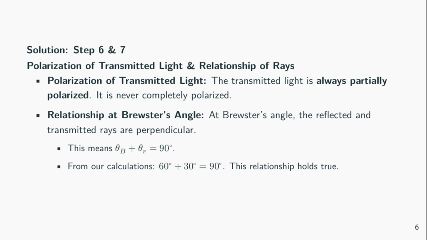The angle of incidence and thus reflection is approximately 60 degrees and the angle of refraction is 30 degrees. If we add the angle of reflection and the angle of refraction, we get 60 degrees plus 30 degrees, which equals 90 degrees. This confirms that the reflected and transmitted rays are indeed perpendicular at this angle of incidence, validating our calculation of Brewster's angle and the angle of refraction.